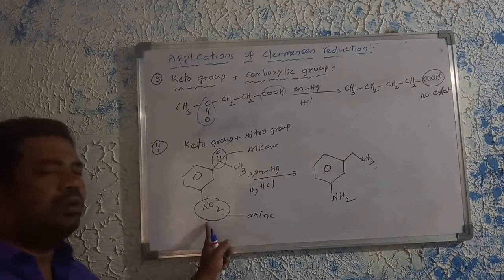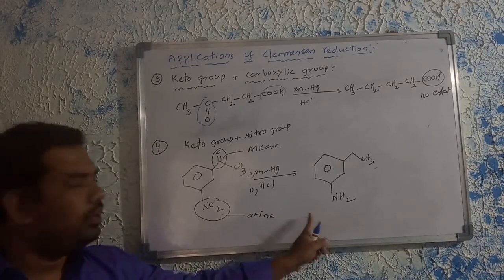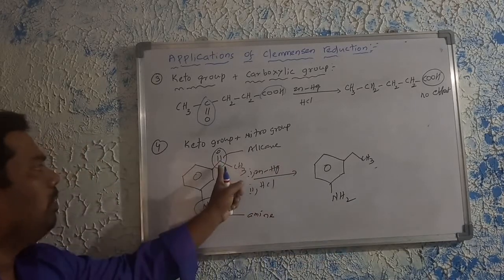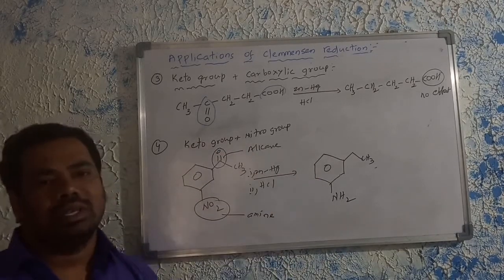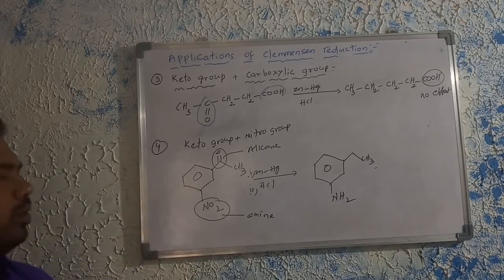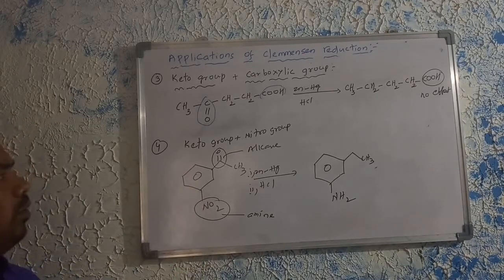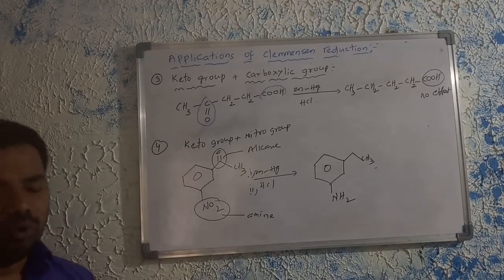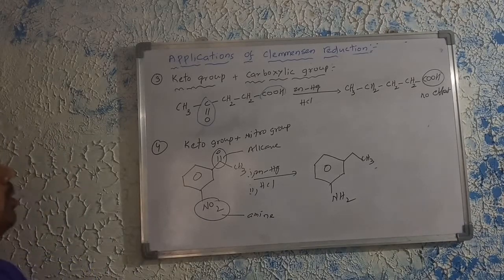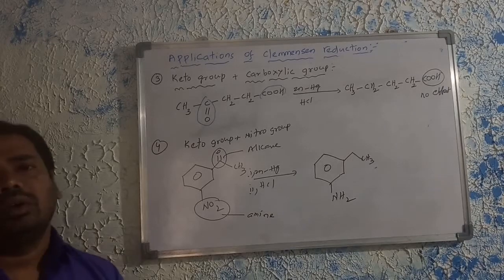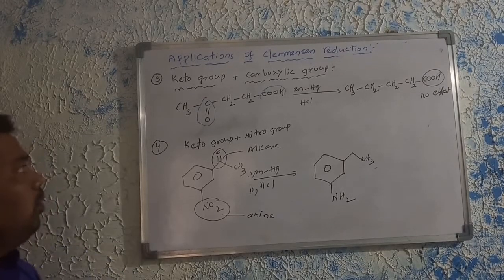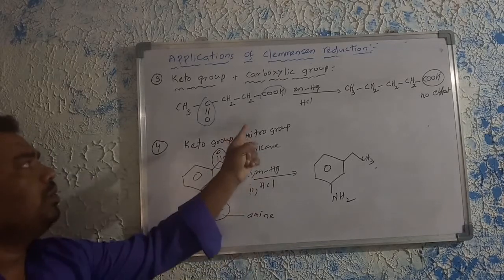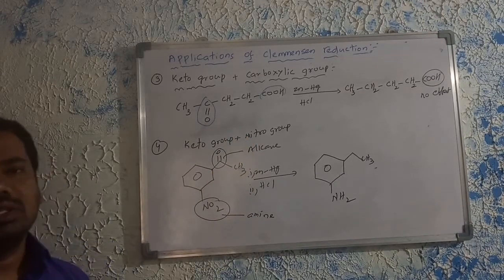Remember students, NO2 converts into amine group, and the C double bond O group converts into CH2. So when keto group and nitro group are there, both are reduced, but with keto group and carboxylic acid group, only the carbonyl is reduced. There is no effect on the carboxylic acid group.